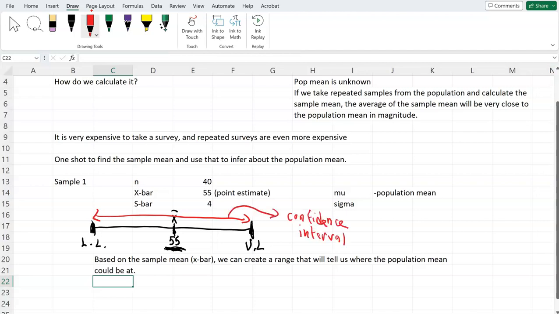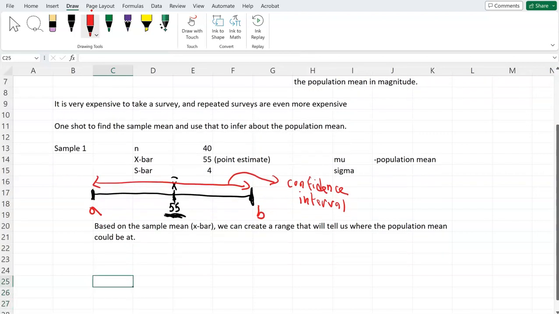So this confidence interval tells us that, based on what we get as our sample mean, let's say my lower limit is going to be a certain number, and since it's x bar, let's use another name, let's say a, and the upper limit is b.